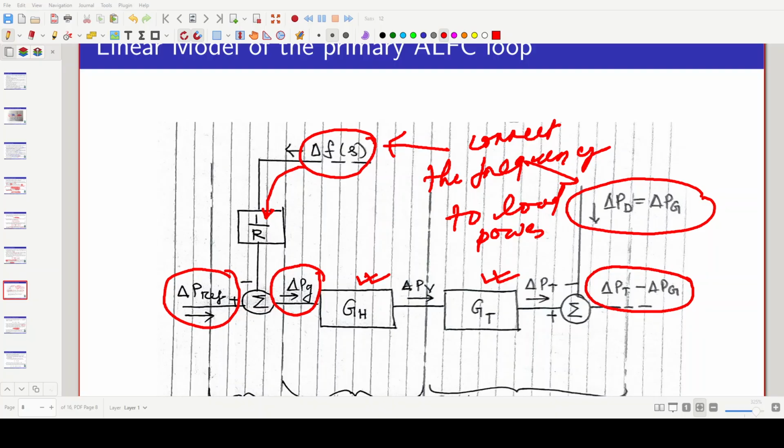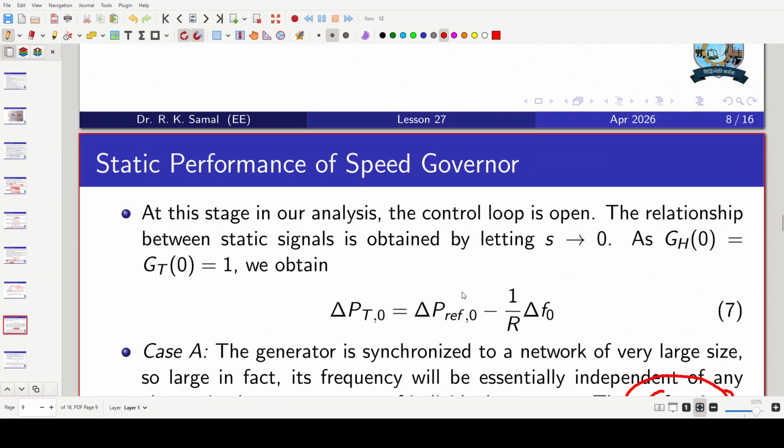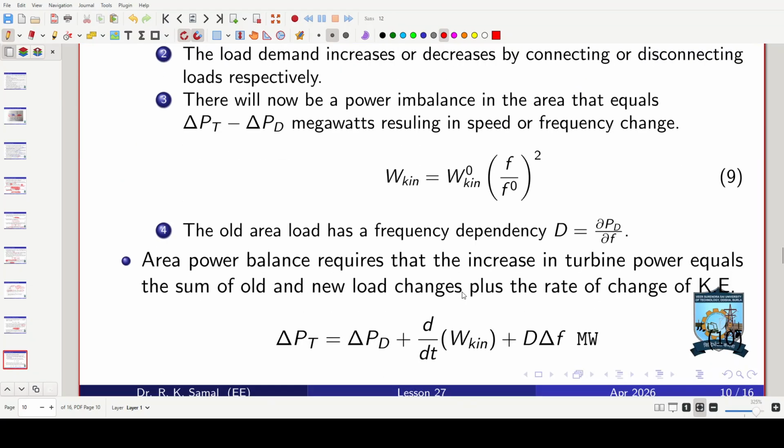This kinetic energy is converted into frequency because of the speed, and hence, in order to obtain this relationship between delta PD and Fs, we need to convert this kinetic energy equation.